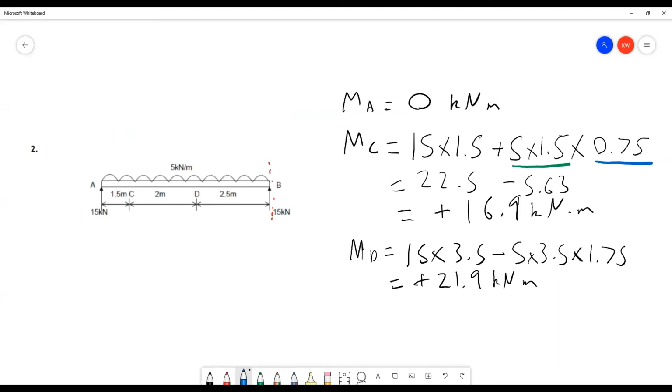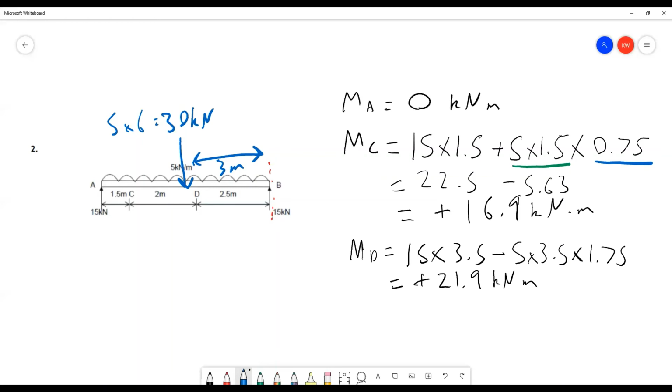So half of 6 is 3. So we're going to have a force being applied here, that's 3 meters away from B. And 6 meters with a UDL of 5 kilonewtons per meter is going to be a total of 30 kilonewtons. That's the 5 times 6. The 30 kilonewtons of force being applied there.